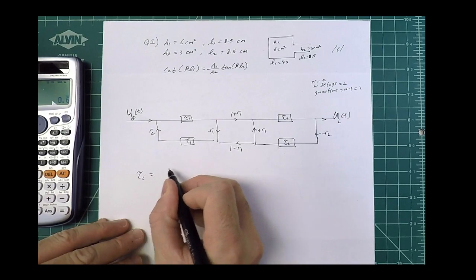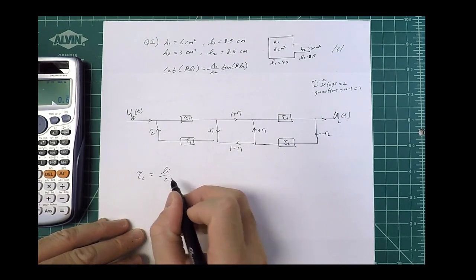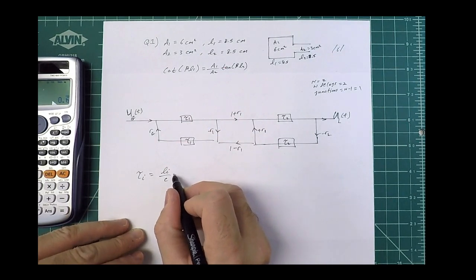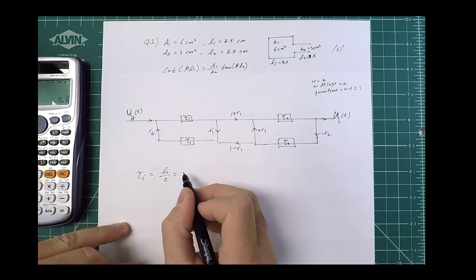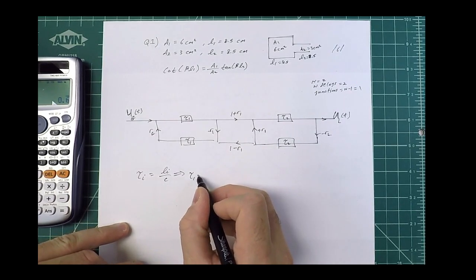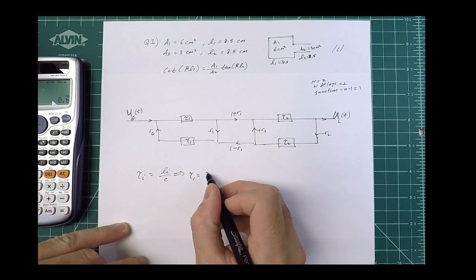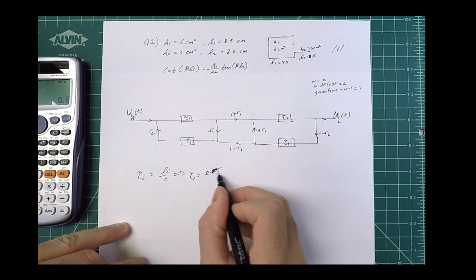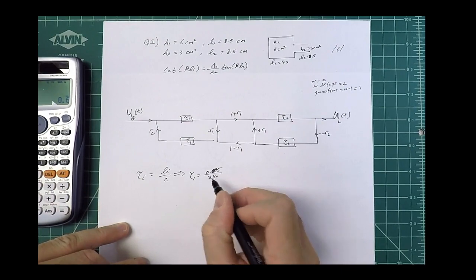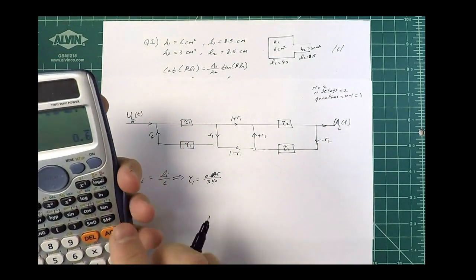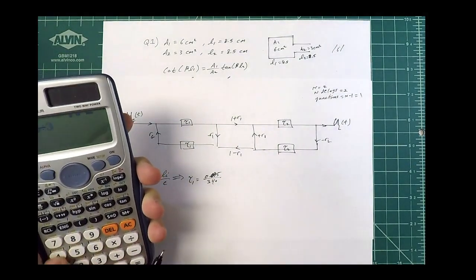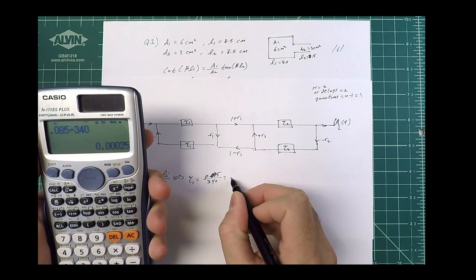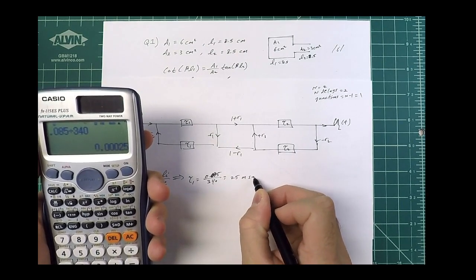By the way, the delays, tau of i, equals Li over c. So for tau 1, what's the length here? 0.085 in meters over 340, and that's going to equal 25 milliseconds.